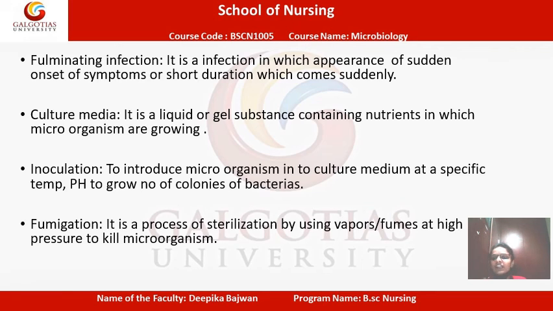The basic meaning is that we provide fumes and vapors at a high pressure to sterilize things, to prevent the multiplication of bacteria and also kill bacterial spores. This process is basically used in hospitals, like in the ICU and the operation theater. If we want to sterilize the ICU room or the operation theater, we use this process, that is fumigation.